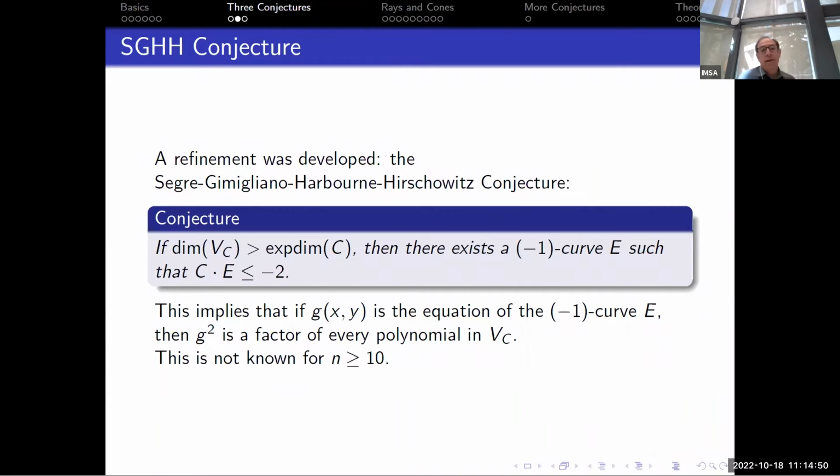This condition that C·E is less than or equal to -2 exactly implies that if G is the equation of this -1 curve, then G squared is a factor of every polynomial. Okay, so you have this phenomenon of the square of the -1 curve polynomial being in it. This Segre-Harbourne-Gimigliano-Hirschowitz conjecture, which began to coalesce in the 80s, is also not known for number of points 10 or more.